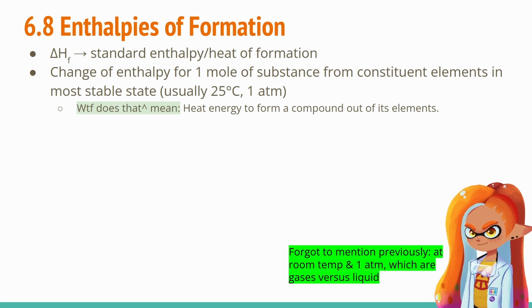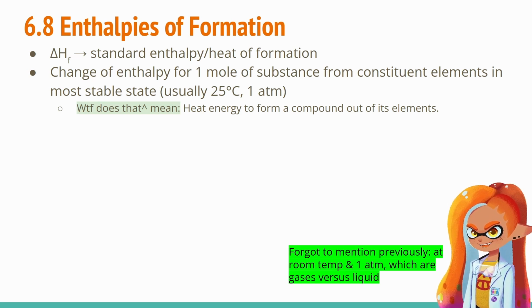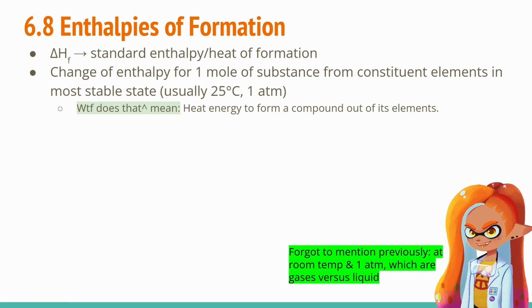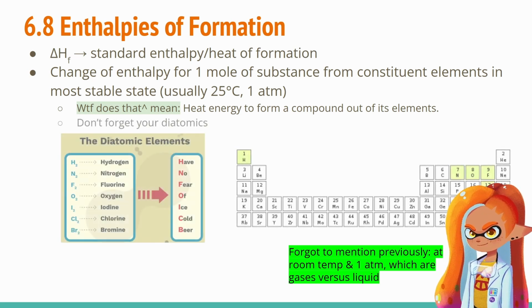That's what it means. Whatever substance you have, it's made out of different elements, and whatever those elements are, that's its constituents. Then you use some values from a table, and bada bing, bada boom, you do math. One thing is, don't forget your diatomics.